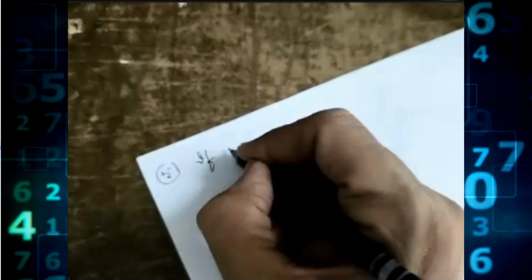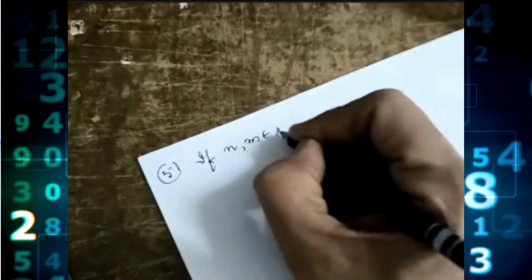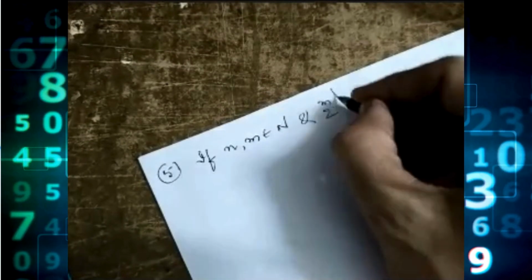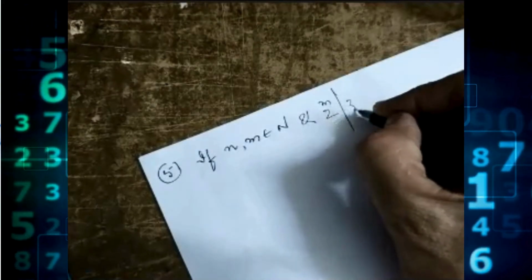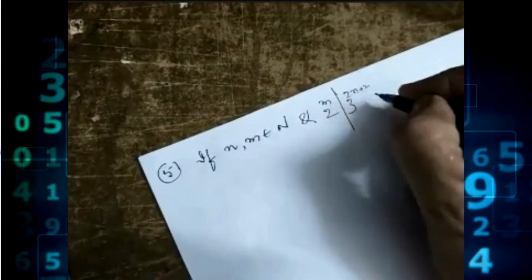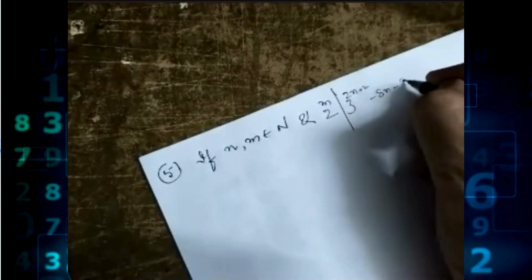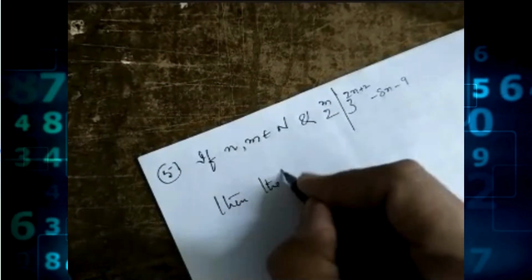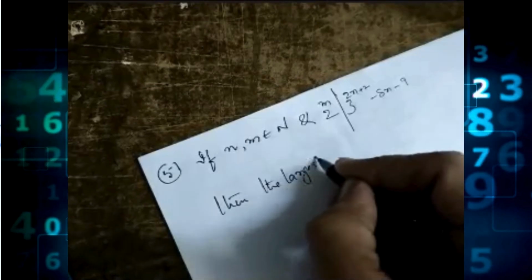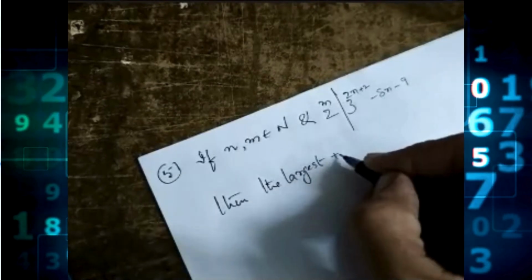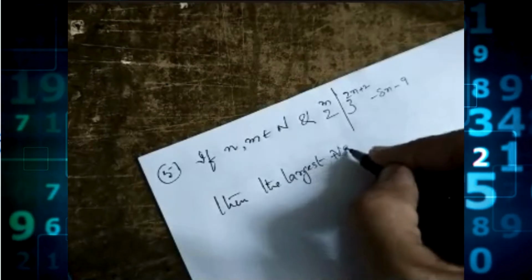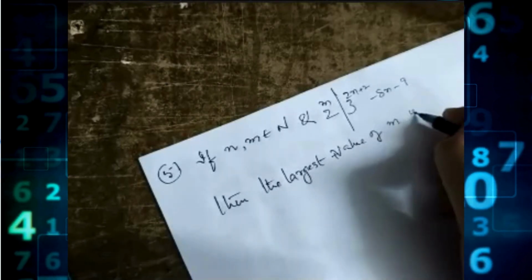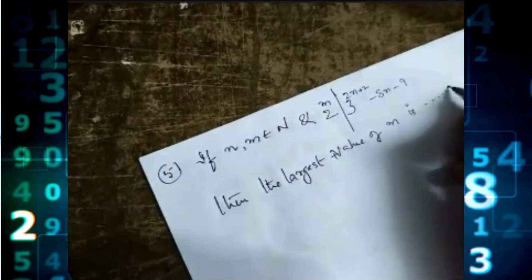If m, n belong to N, and 2 power m is a factor of 3 power (2n plus 2) minus 8n minus 9, then the largest value of m is, here options are given.